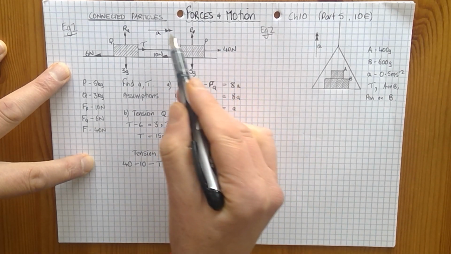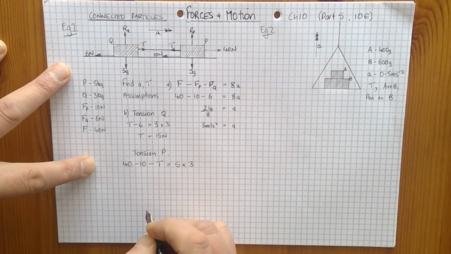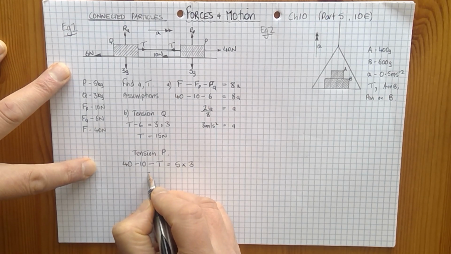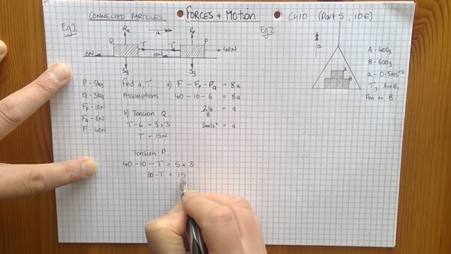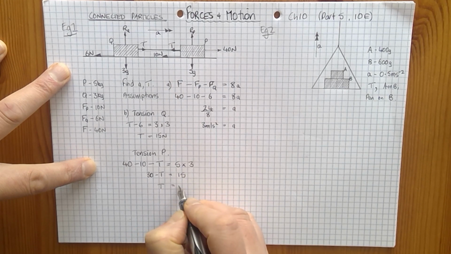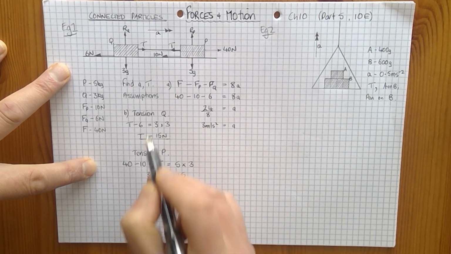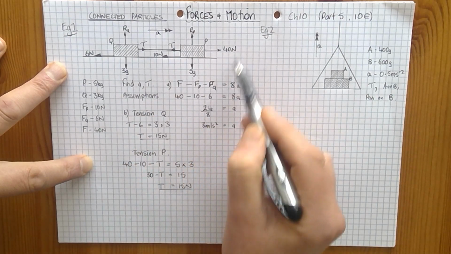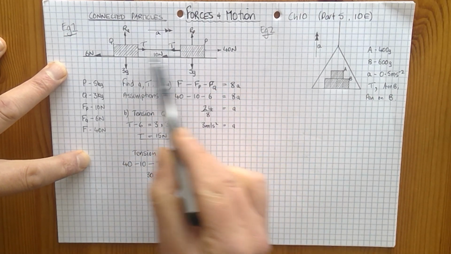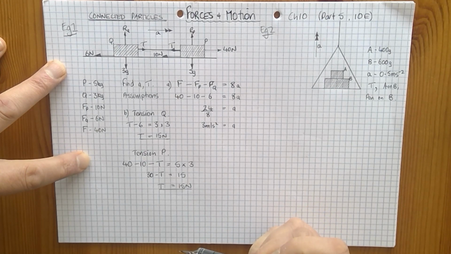Well, this thing is accelerating again at 3 meters per second squared. So 30 take T equals 15, and T is therefore 15 newtons, giving us the same answer. So it doesn't matter whether you choose this one or that one to work out the tension in between, either one will give you the same answer.